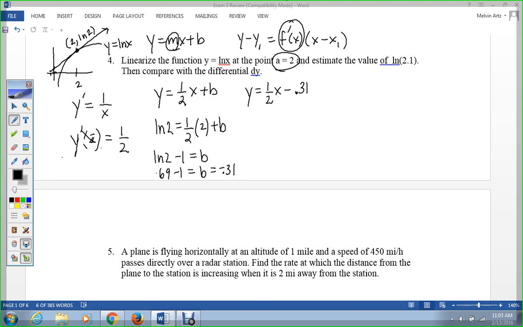So what we would do is plug in 2.1 for x. We're using this equation of the tangent line to estimate the value of ln of 2.1. So the x value that we would plug in is 2.1.